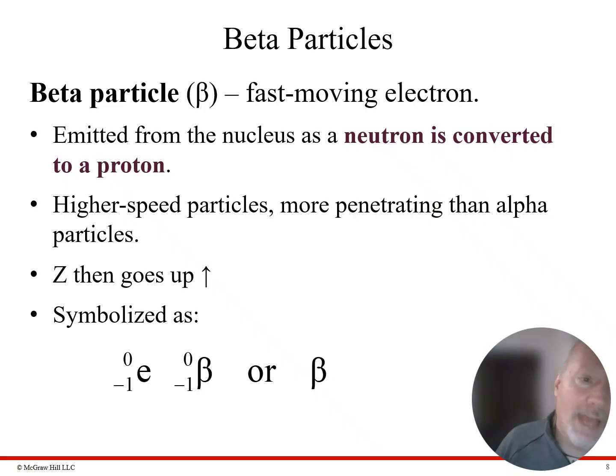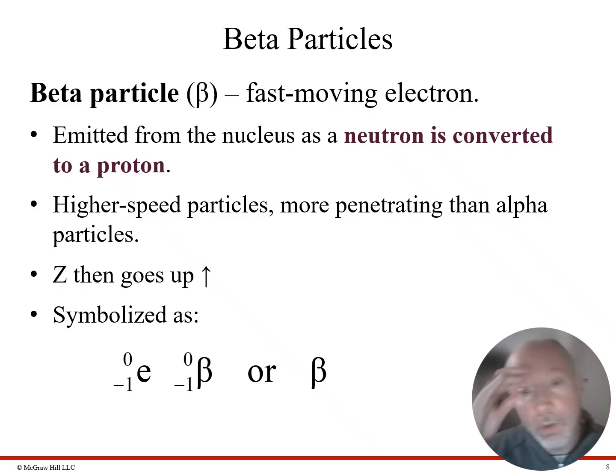Beta particles are faster moving than alpha particles. Makes sense. They're much smaller. Emitted from the nucleus as a neutron is converted to a proton. So the neutron loses this negative particle that turns it into a positively charged species, a proton. And so these higher speed particles are more penetrating than alpha particles. The Z goes up, because we add protons when this happens.